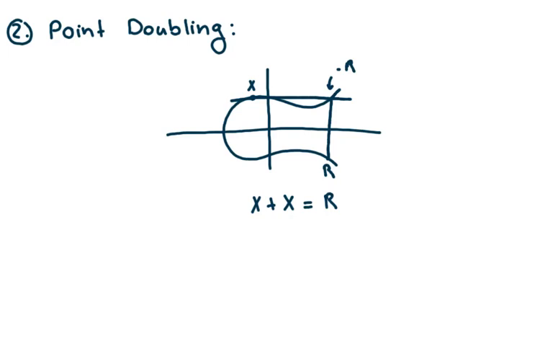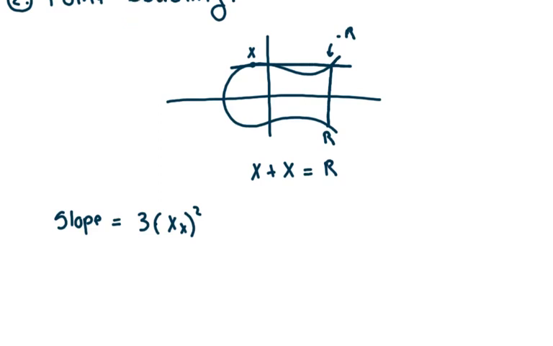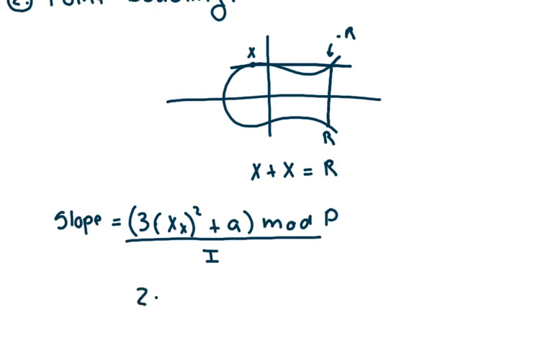So in this case, the slope between x and negative r is going to be equivalent to 3 times the x-coordinate of point x squared plus a, mod p, all divided by some number I, where I has to be a number that satisfies the equation 2 times the y-coordinate of point x times I mod p equals 1.